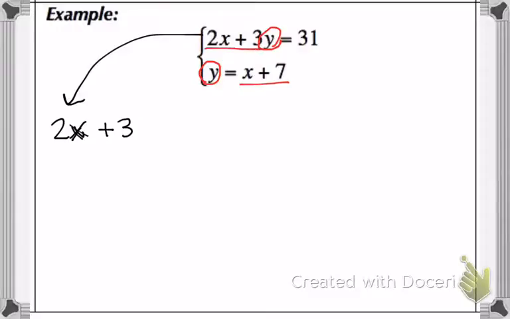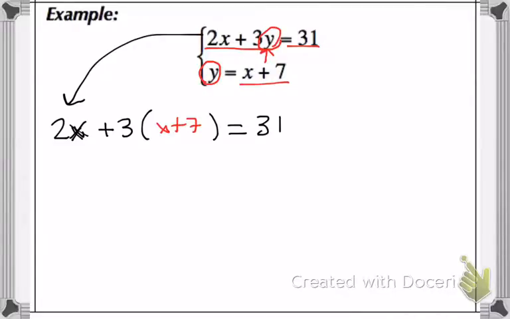So we're going to have a 2x plus 3y equals 31, and then we're going to plug in for the other piece. So leave space, equals 31, and my x plus 7 gets plugged in right there.